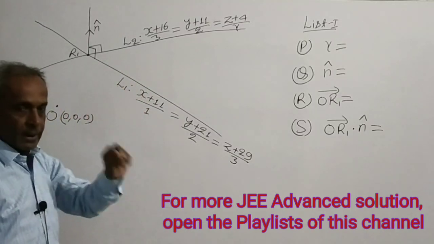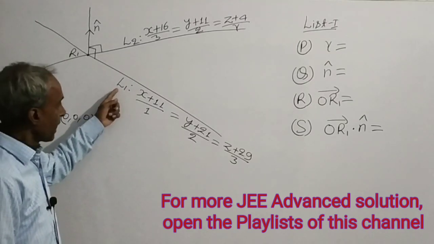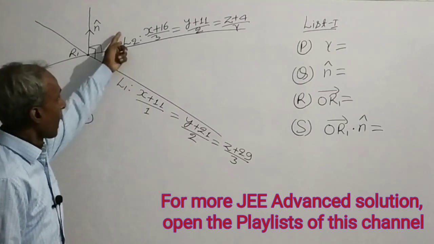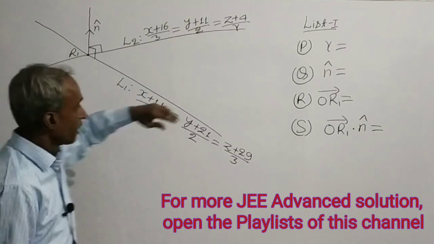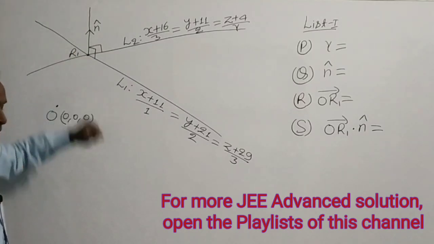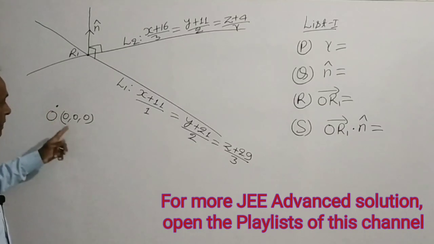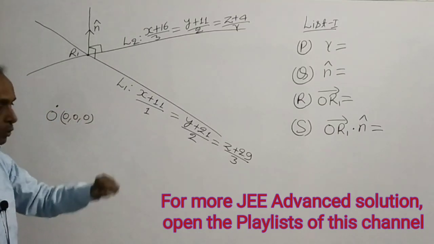It is given in the question that line L1 with equation this, and line L2 with equation this, intersect at point R1. O is the origin with coordinates 0, 0, 0.